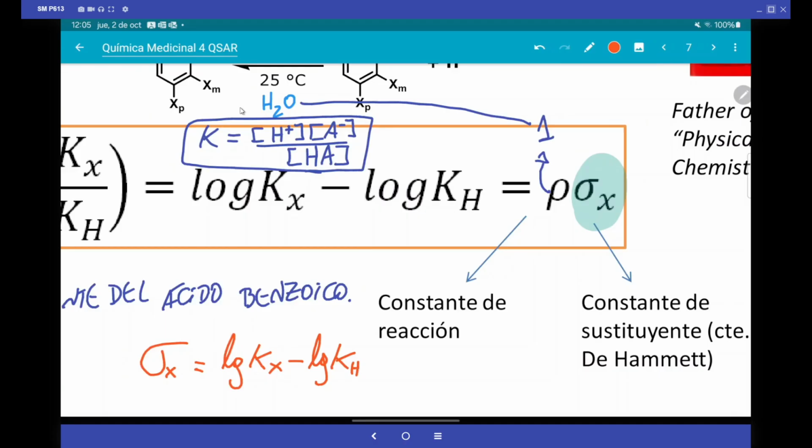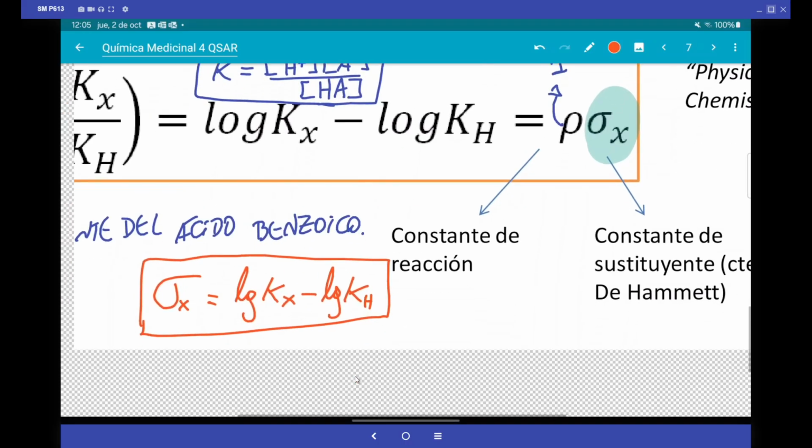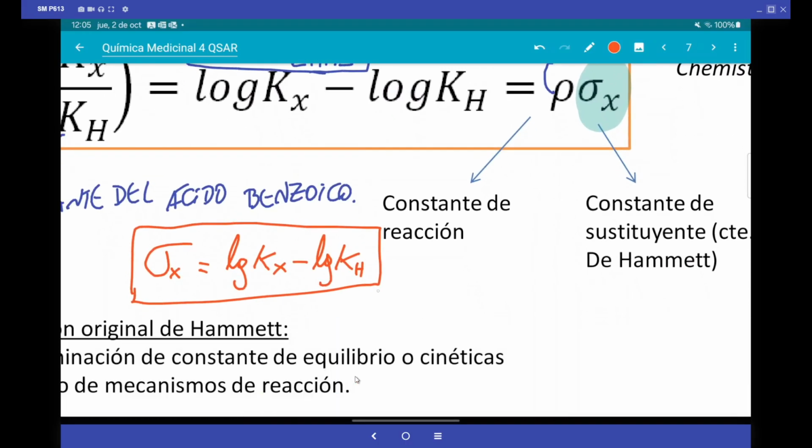If we connect, for example, a group like an acid chloride, that would be difficult to measure with this method because it is very reactive. It will decompose in the water, so there are groups that could not be connected.